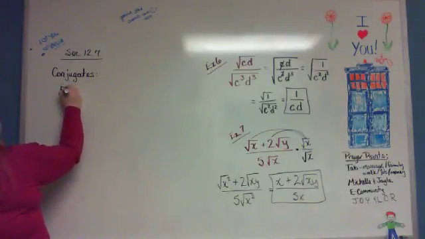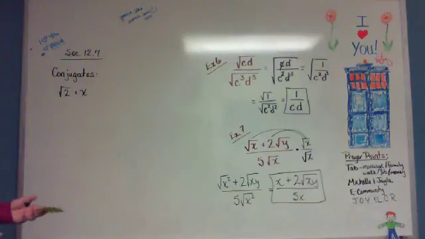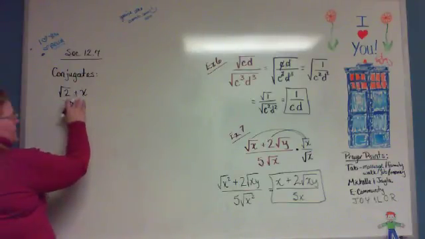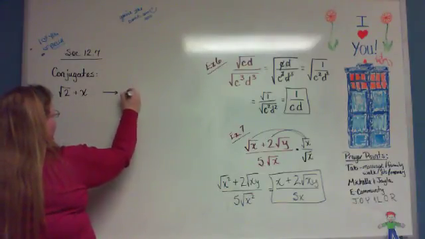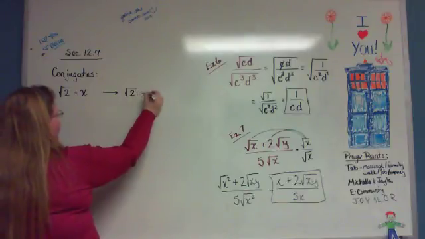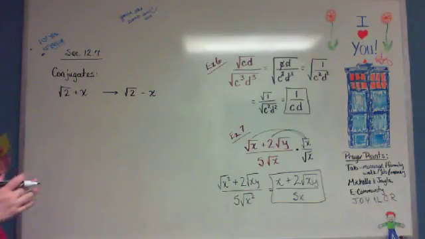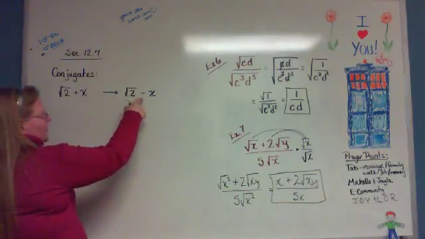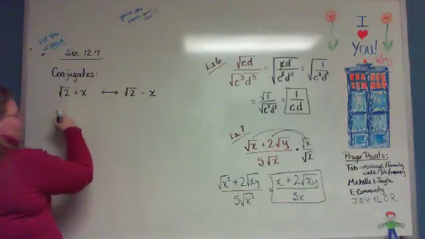If I have the square root of 2 plus x, then my conjugate looks exactly the same, except the sign is different. So my conjugate is going to be the square root of 2 minus x. Likewise, if I had been given this and I needed the conjugate for it, it would be this.